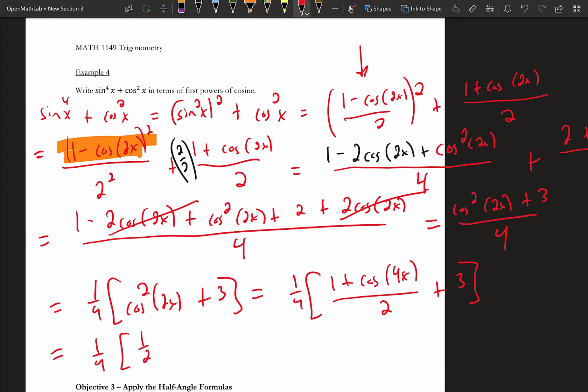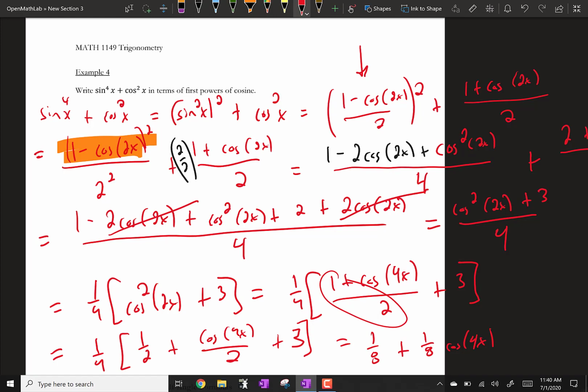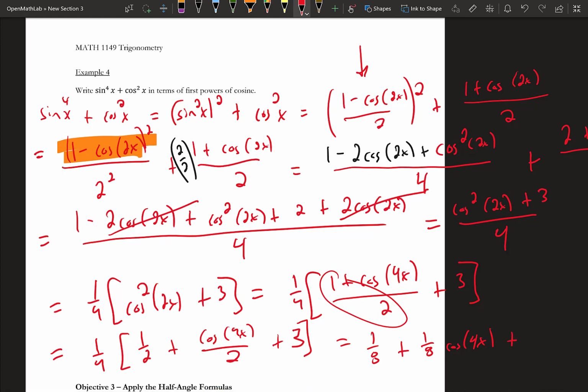This would be 1/2 plus cosine of 4x all over 2, plus 3. Distributing the 1/4 through, we would get 1/8 plus 1/4 times cosine 4x over 2, which would be 1/8 cosine of 4x. And then plus 3 times a fourth, which would be 3/4.